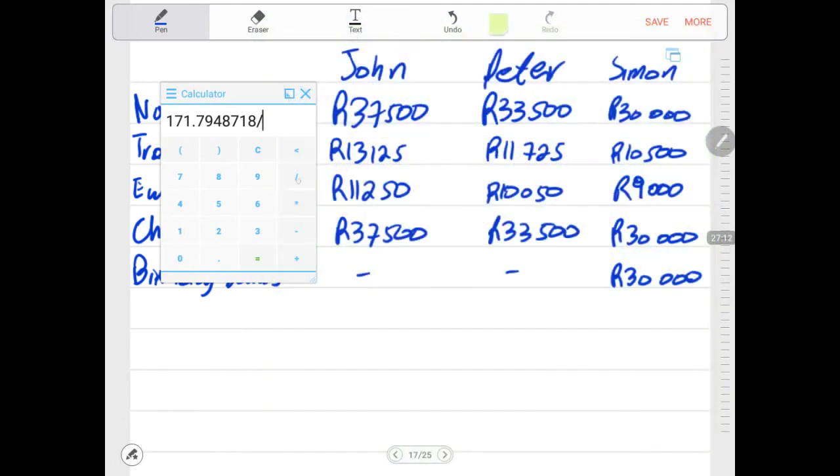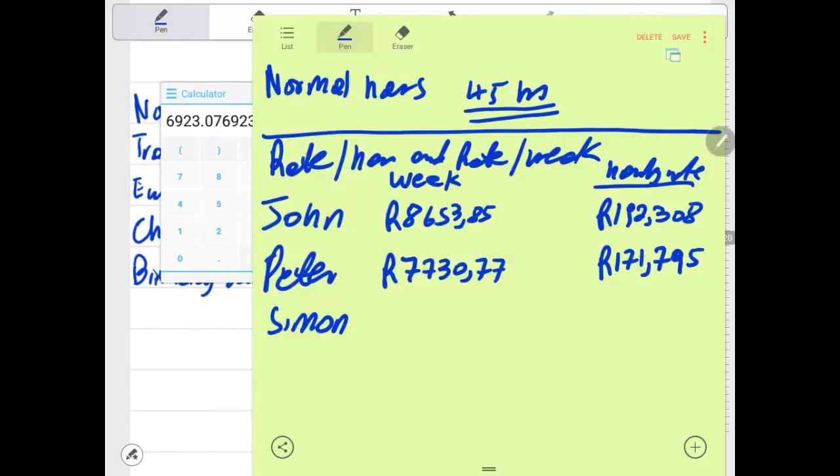The last executive earns 360,000 for the full year. Divide by 52 weeks in a year, we get the wage per week. The wage per week is 6,923 rand 08 cents.